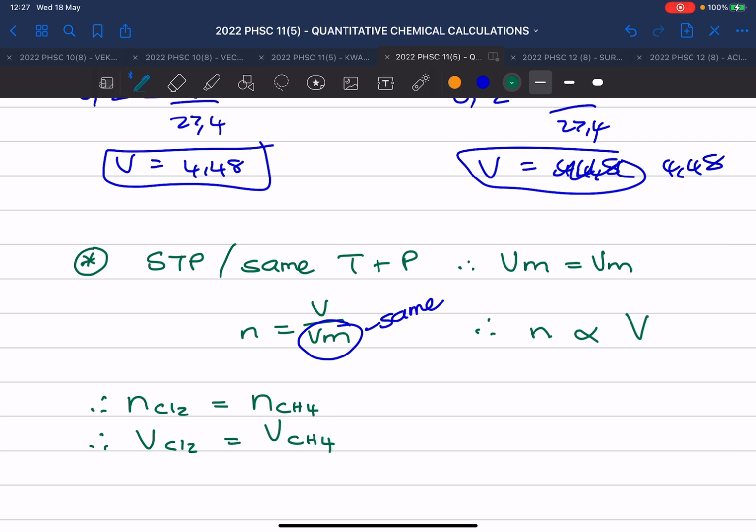So you didn't even have to do a calculation. You can just say, since that is the same, we can say they're directly proportional to one another. So since that is the same, that will be the same. That is also sufficient proof, enough proof.